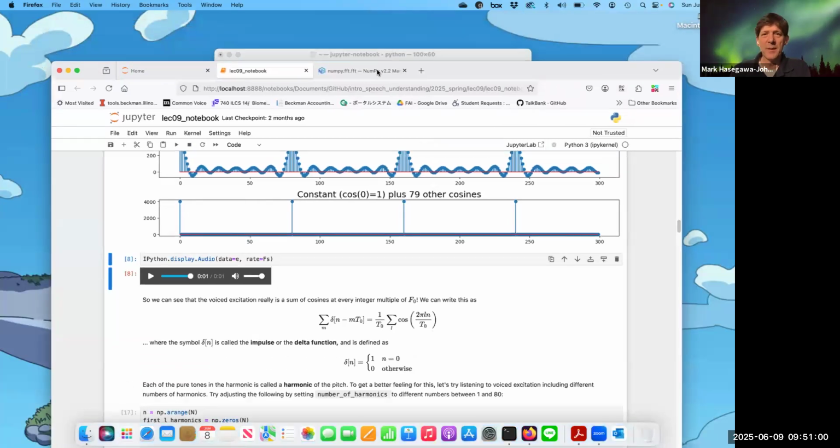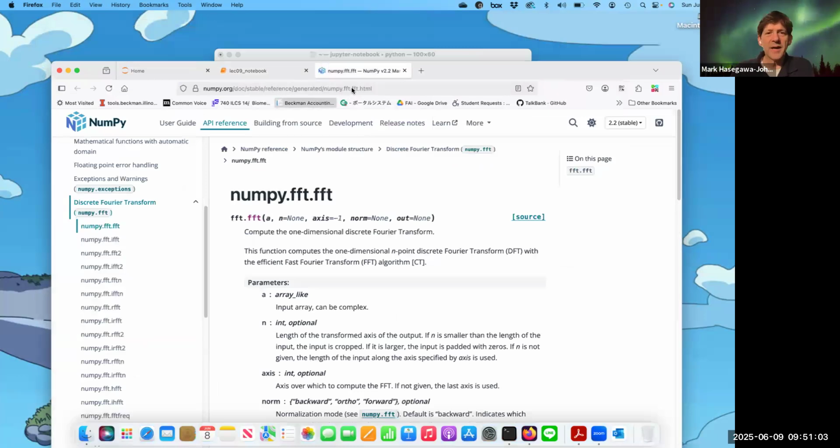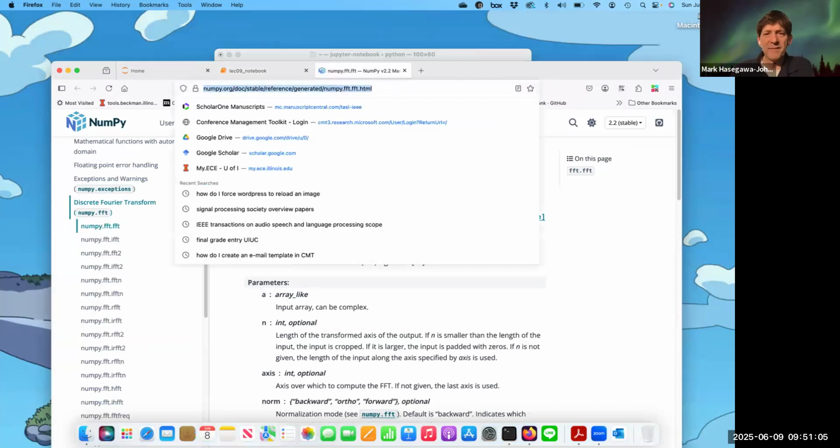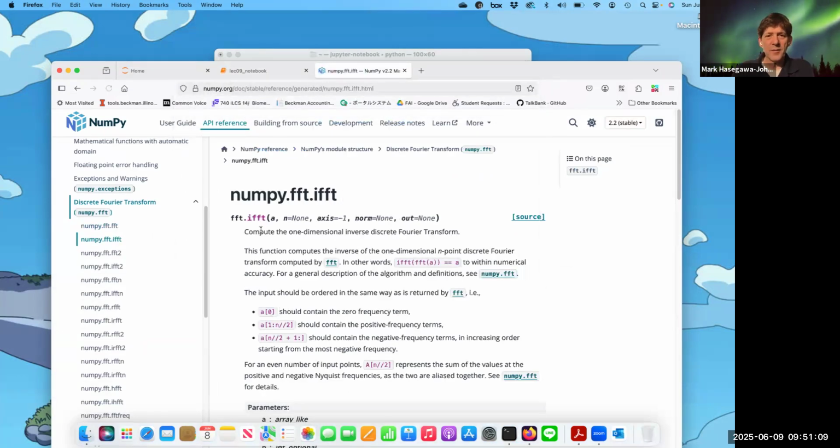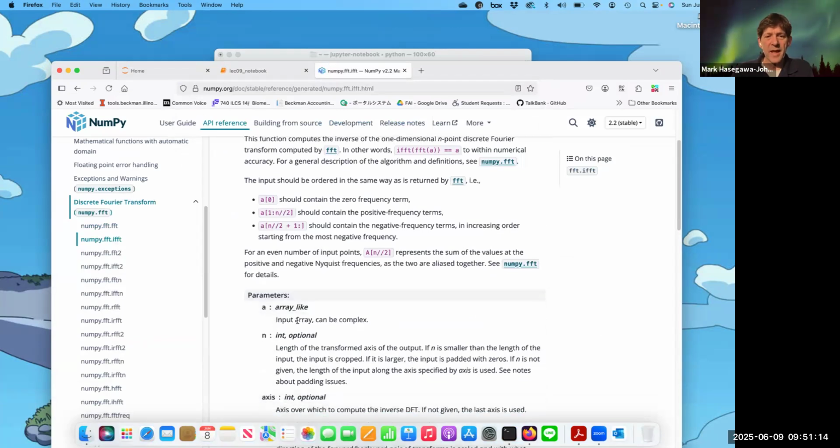If we go to NumPy, we can find numpy.fft.ifft, and it talks about the inverse Fourier transform. The inverse Fourier transform takes as input an array, which might be complex, which is the Fourier transform of the signal.